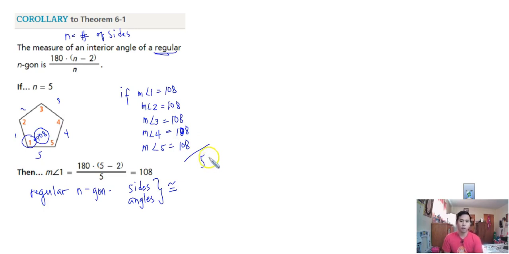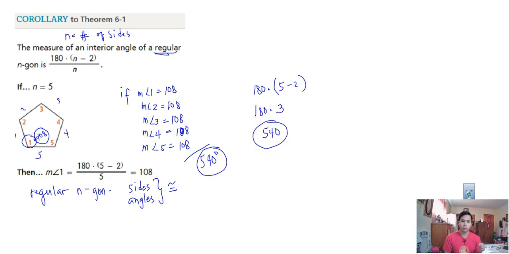it's 540 degrees. So if you use theorem 6-1, that's 180 times the number of sides, which is 5 minus 2, which is 180 times 3, which is 540, which is the same.